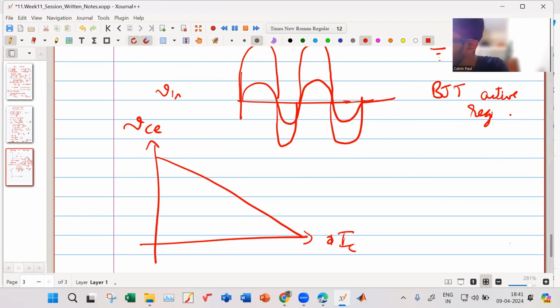In some particular region, in between this region to this region, it can work as an amplifier. If it goes outside the region, it will get clipped. In the region in which it is operating linearly, that is where your small signal operation is happening.